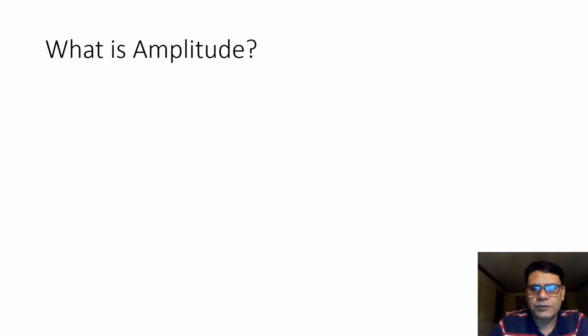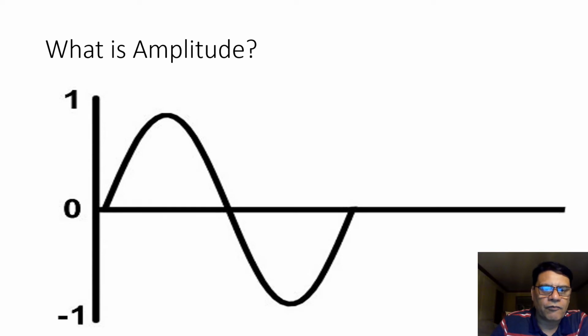Let's discuss the amplitude of the wave. What is the amplitude? It's a very important term, and it's frequently used in diagnostic medical sonography. Again, we will have to switch to our favorite one cycle wave. So if we plot a graph between time and pressure, here is time and here is pressure.